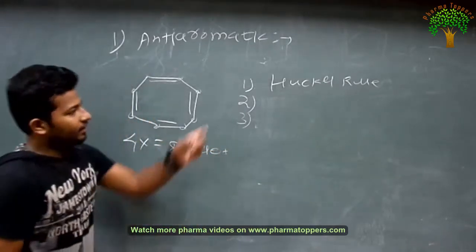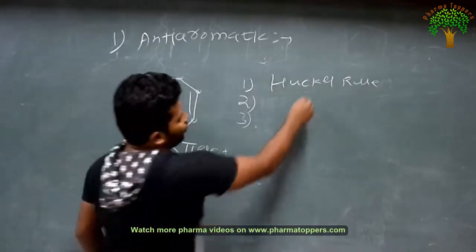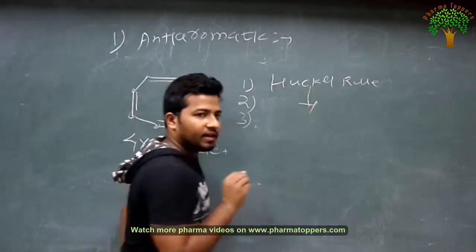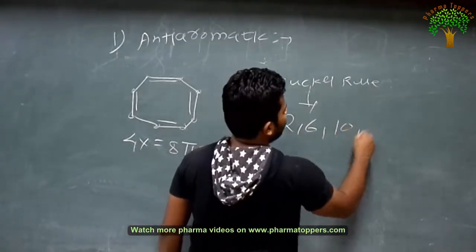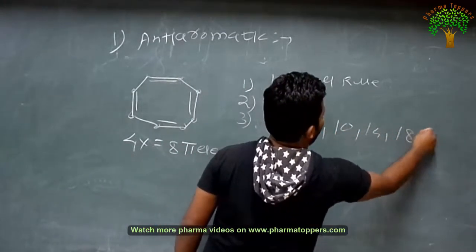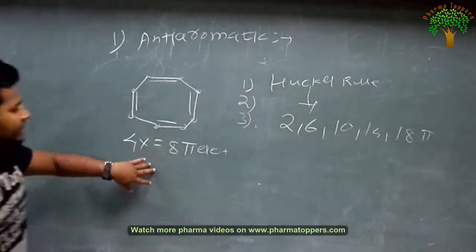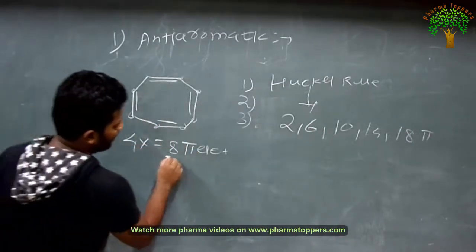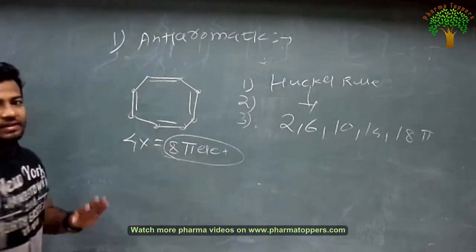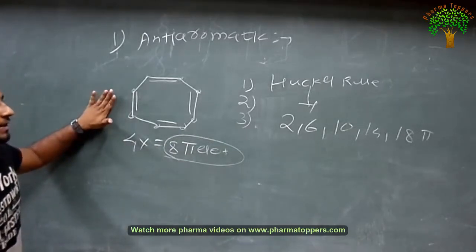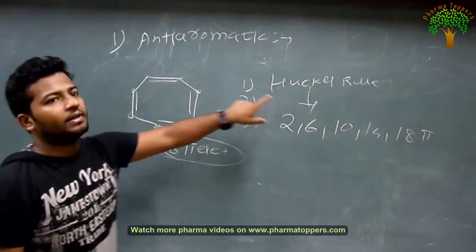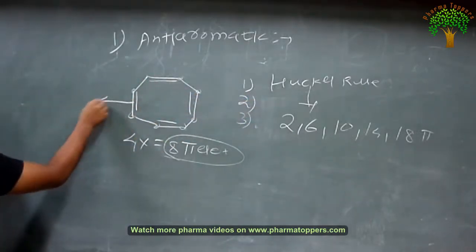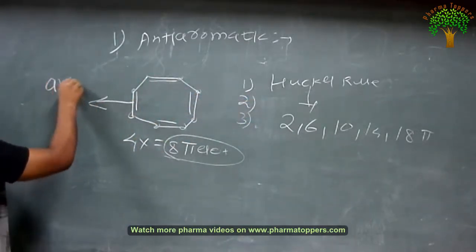If you remember in the previous Huckel rule, those rings which are aromatic contain only 2, 6, 10, 14 and 18 pi electrons. But in this case, this structure contains 8 pi electrons. That's why it is not aromatic. Though it obeys 3 rules, it does not obey the Huckel rule. That's why it is called anti-aromatic.